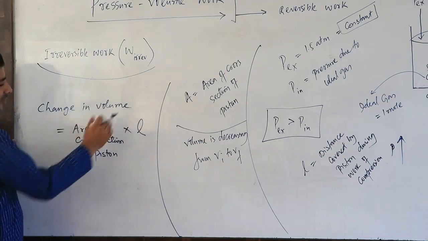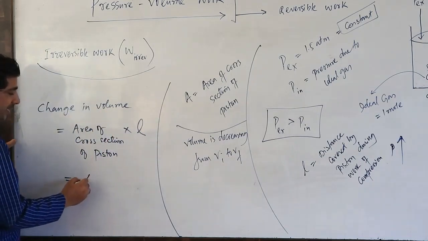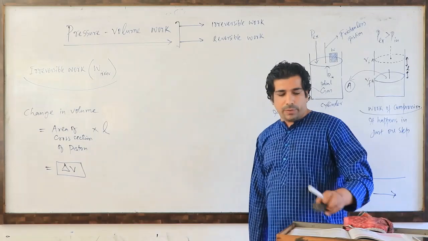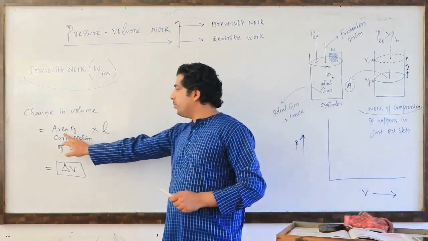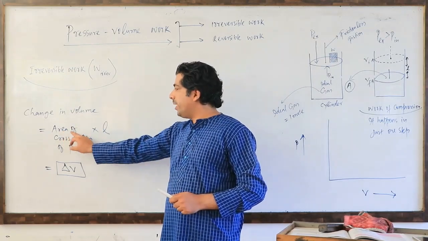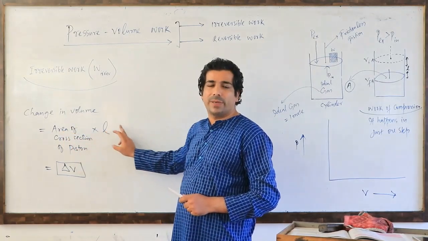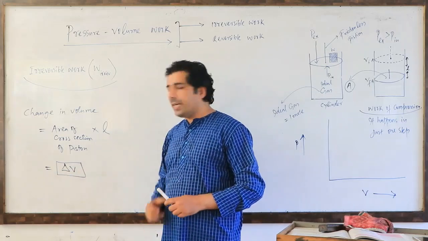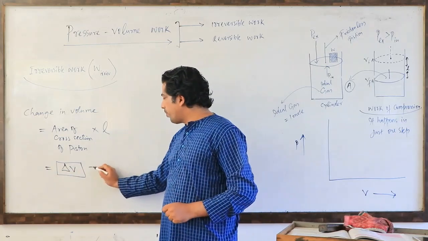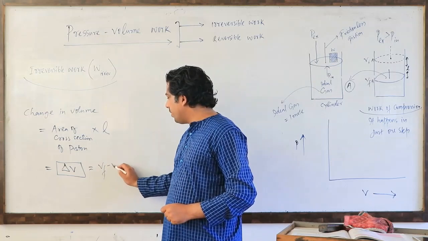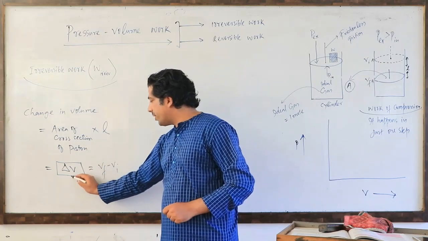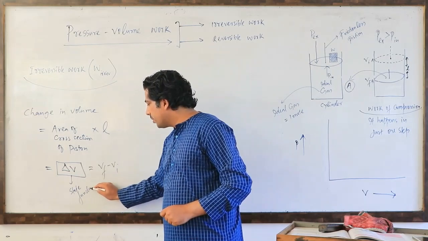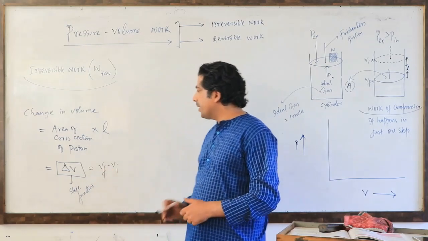And this change in volume can be finally represented as delta V. Friends, you have understood now the change in volume of a system will be area of cross section of piston multiplied by the distance traveled by the piston. That is delta V. And it can also be represented as final minus initial, because it's a state function. Everybody knows this guy is a state function. So that is Vf minus Vi.